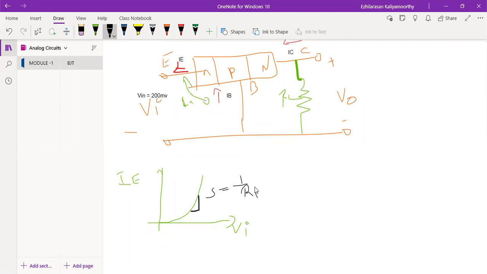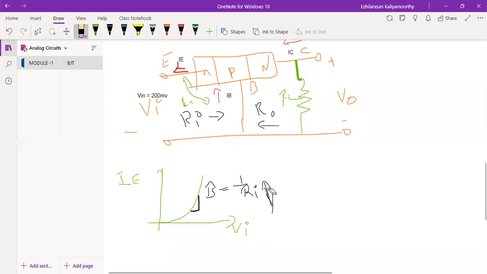We need to see the input resistance as well as the output resistance. That is Ri, the input resistance, and the output resistance we have to see from the output side, which I will take as R0. Now the slope is 1 by Ri. Sorry, I made a mistake here.